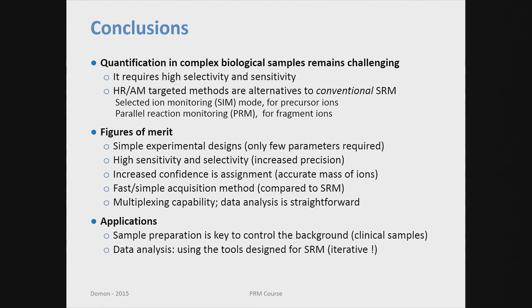So high resolution methods, I believe, are now gaining traction and have been shown to be alternatives to classical SRM. We can also do quite a bit of work using the SIM mode.